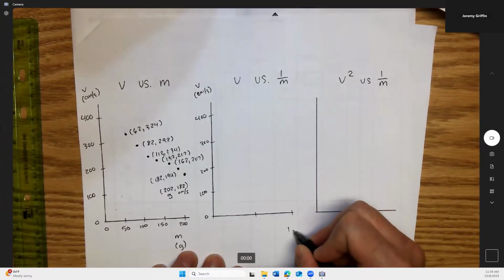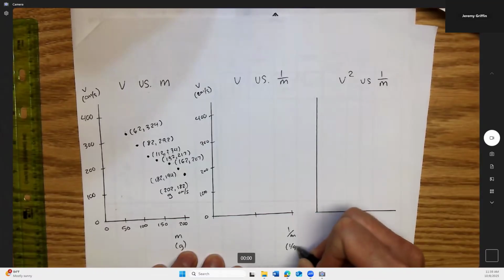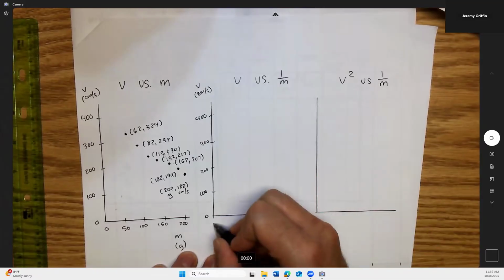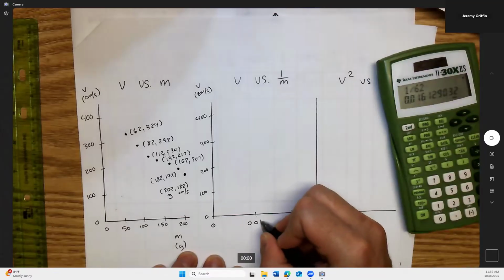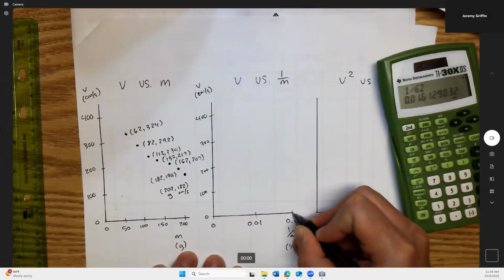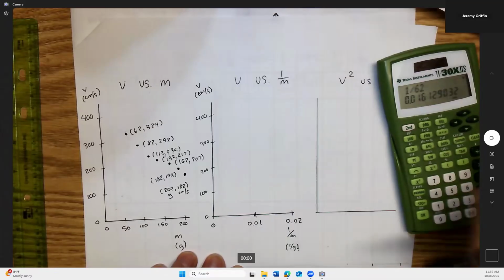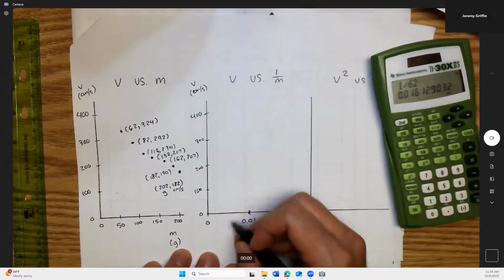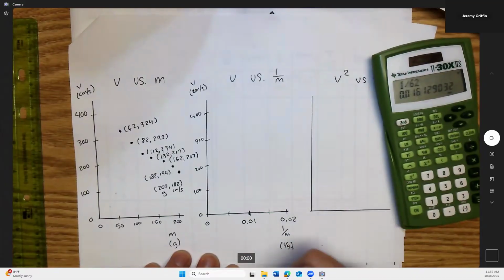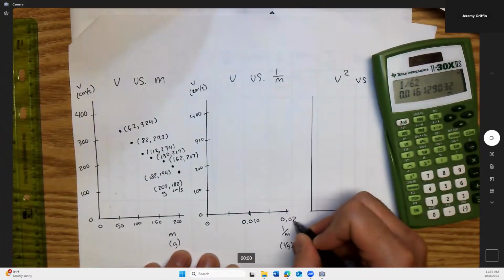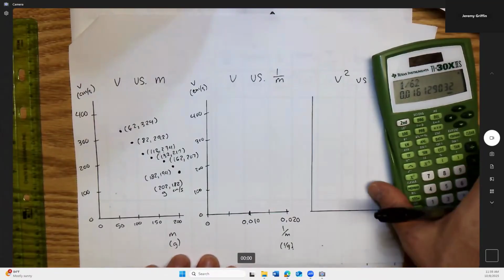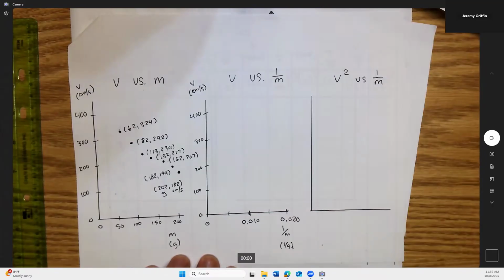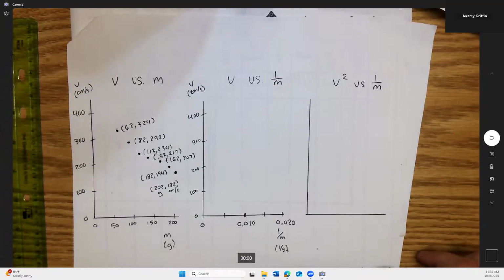Okay. So this is 1 over the mass, in 1 over grams. So 0.01, 0.02. That would be pretty close. Chase, you have the coordinates with the 1 over mass? Yeah. All right. So what's one of these coordinates?